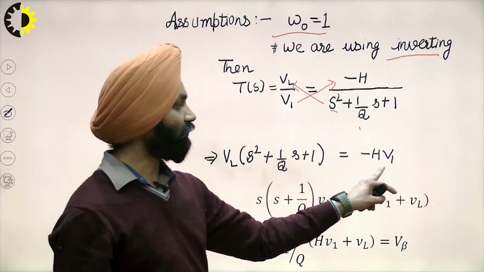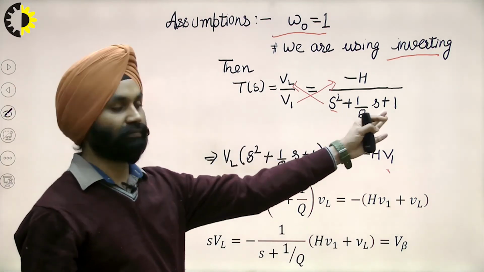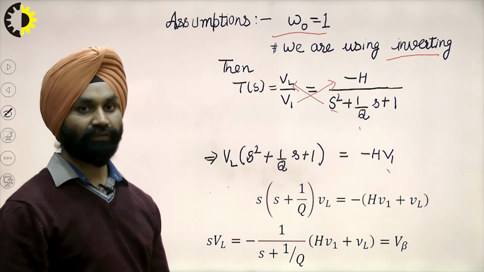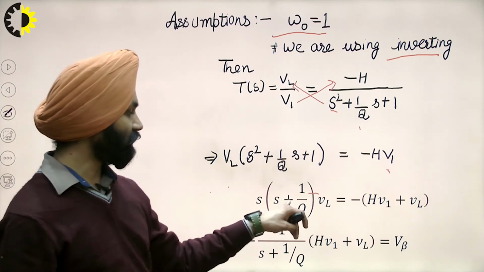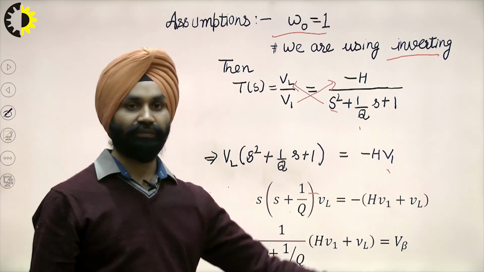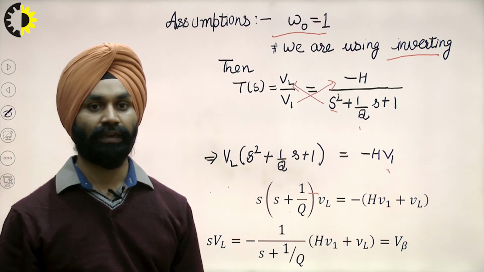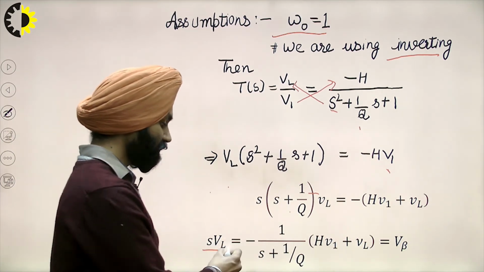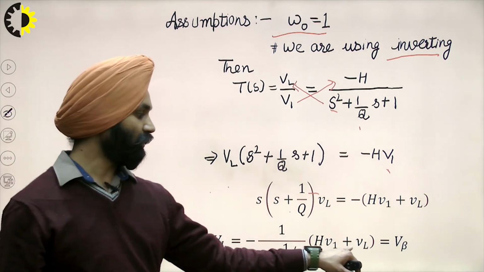It gives minus H V1 is equal to VL into the whole term S square plus 1 upon QS plus 1. Further manipulating, this gives S into S plus 1 upon Q VL is equal to minus H V1 plus VL. Now, again further manipulating it, it gives S VL is equal to minus of 1 upon S plus 1 upon Q times H V1 plus VL.